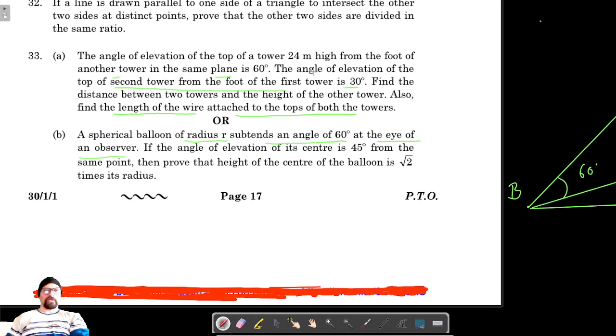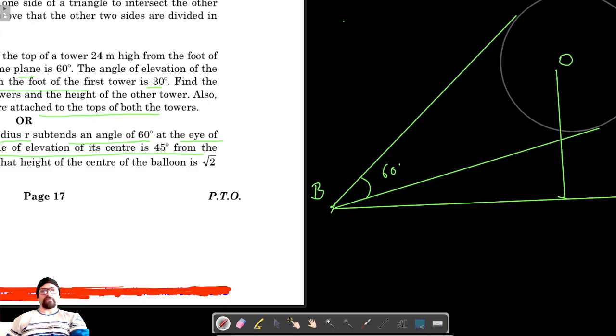Now, it's also given that the angle of elevation of its center is 45 degrees from the same point. From the same point means from the observer's eye, the angle of elevation is 45 degrees, and this is our figure.